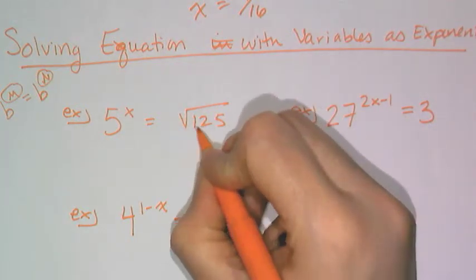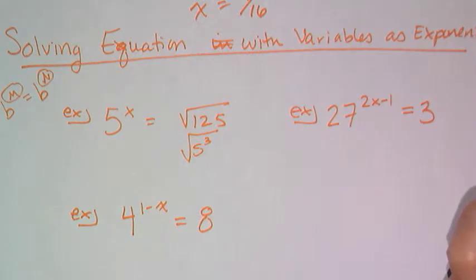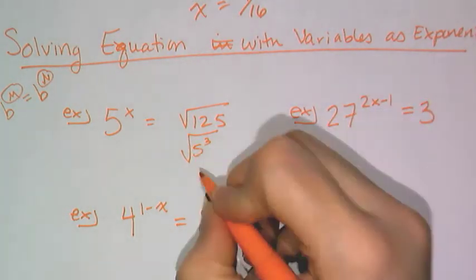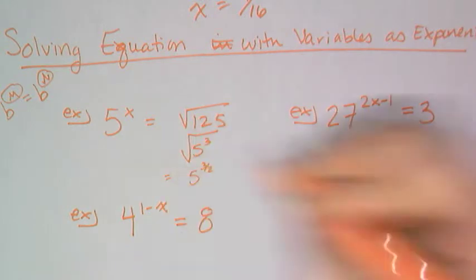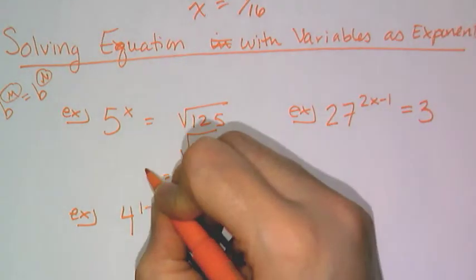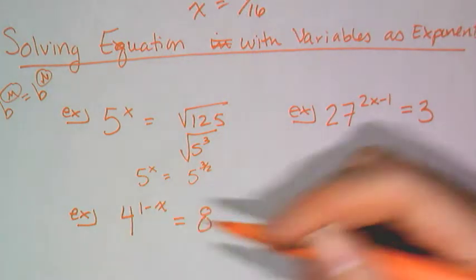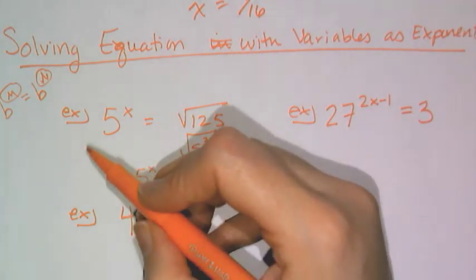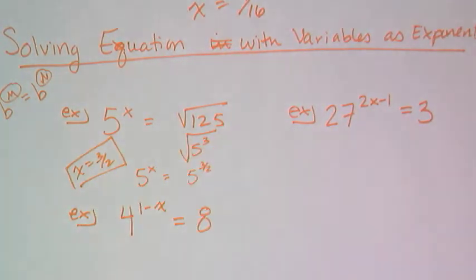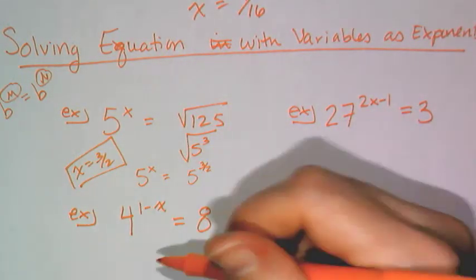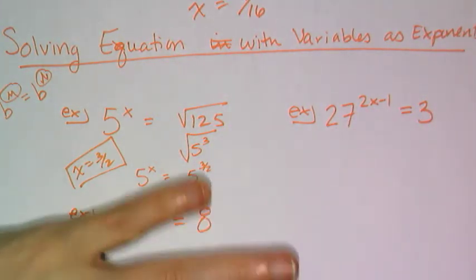So 125 is 5 cubed, right? So I have the square root of 5 cubed, which I know square roots are really half powers. So I have 5 to the 3 halves power is the same thing as the square root of 125, and 5 to the x equals 5 to the 3 halves, and by the uniqueness property, I know that x has to equal 3 halves. So if you can figure out a way to get the bases the same, you don't have to worry about having an inverse function for exponents.